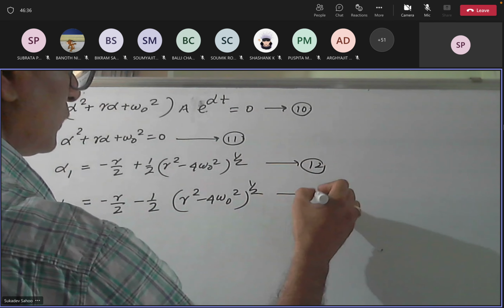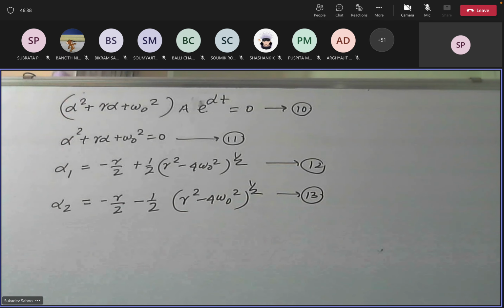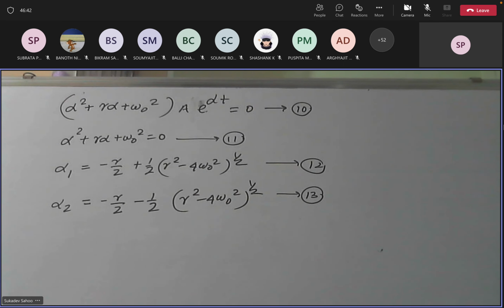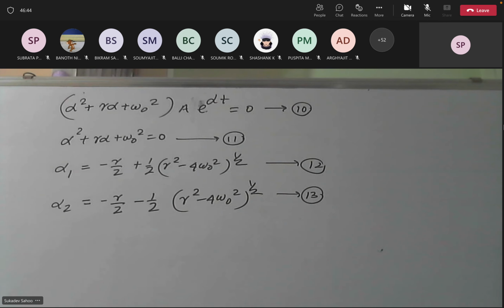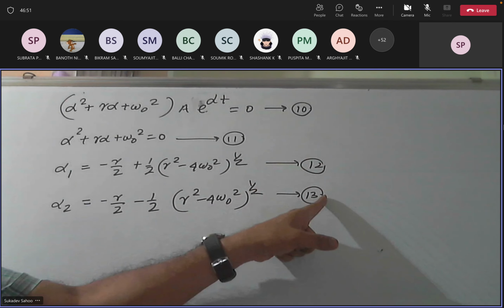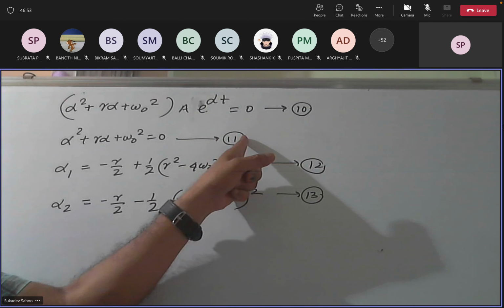So equation number 12 and 13 are two roots of equation number 11.